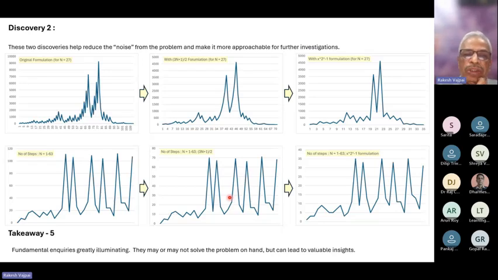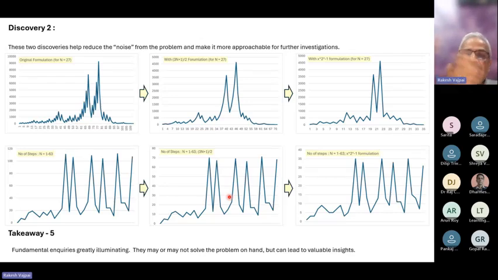You get into the depth of it, because I have to find the mechanism which is underlying the problem. And that mechanism to be discovered will require certain root-level questions to be asked. And those questions are very illuminating. They may or may not solve the problem, but they can give you a lot of valuable insights.